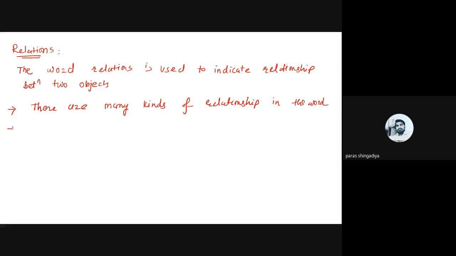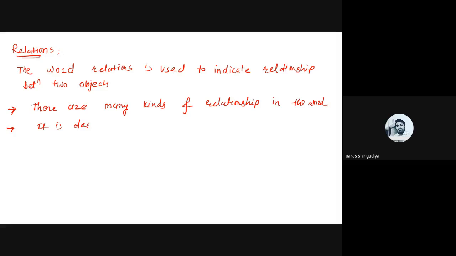But here in this topic, we'll discuss the mathematical definition of relations. Okay, so a relation is often described verbally, and it may be denoted by a name or a symbol and so on.